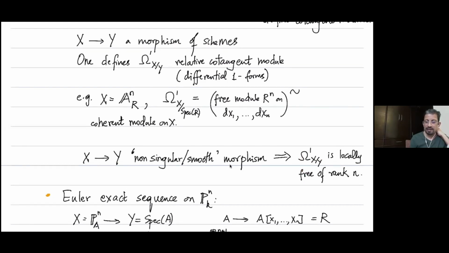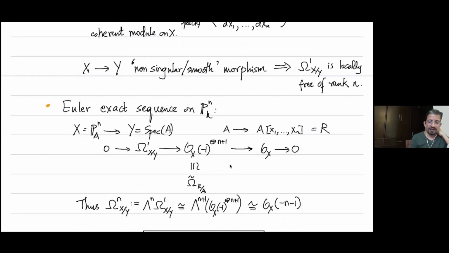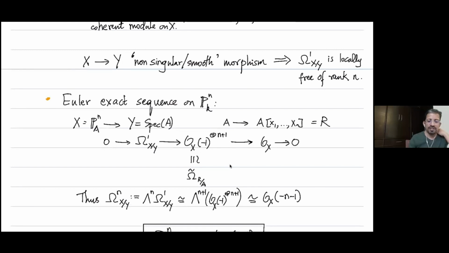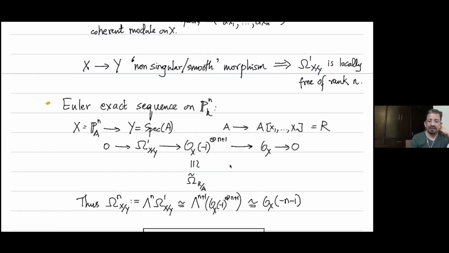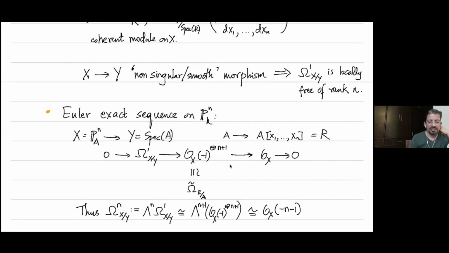In fact, certainly it implies that. So what is smooth or non-singular? It's some sort of a Jacobian condition. Pretend, for example, that Y is little k, then it says that this is actually looking like a manifold. It doesn't have any singularity.